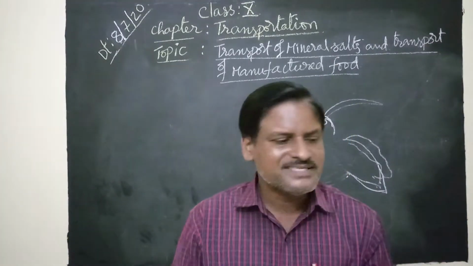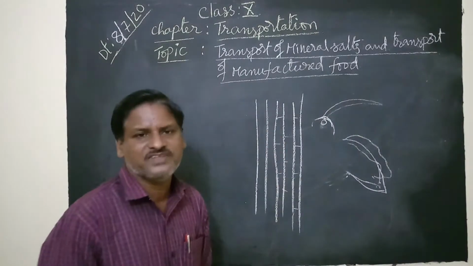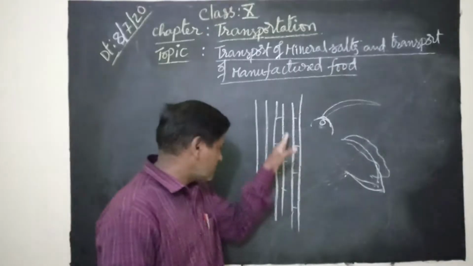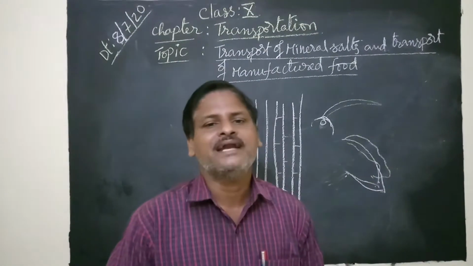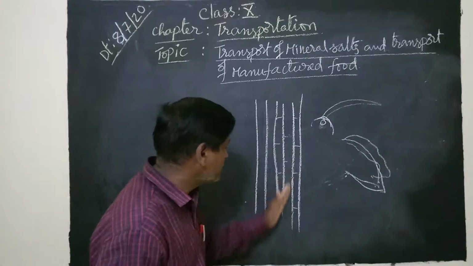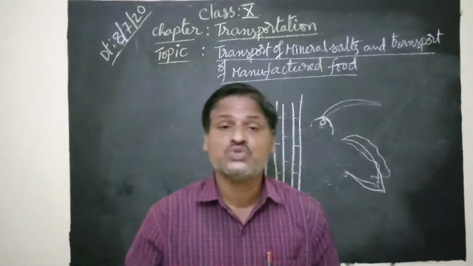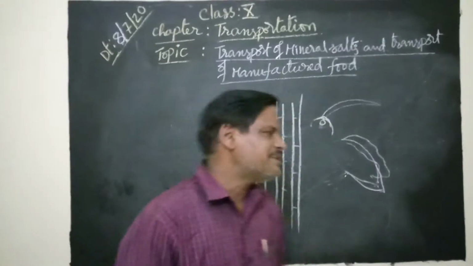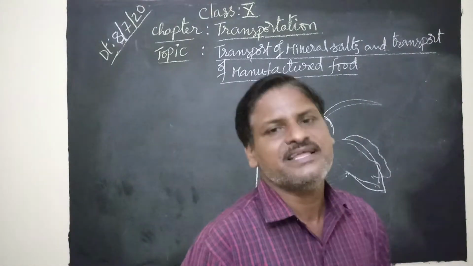Food such as sugar is synthesized in the green parts of the plant, and it is transported through the phloem tubes to various parts of the plant, where it will be utilized. Not only that, the manufactured food from the green parts is also transported to be stored in different parts of the plant, children. So the phloem vessels are always helpful to transport the food materials in plants.